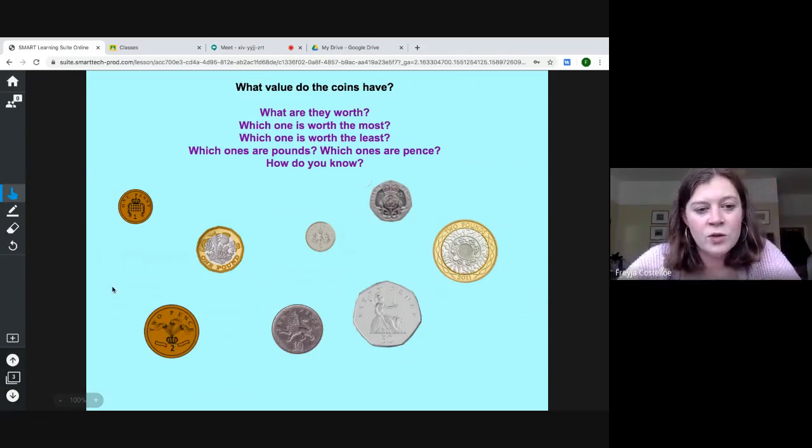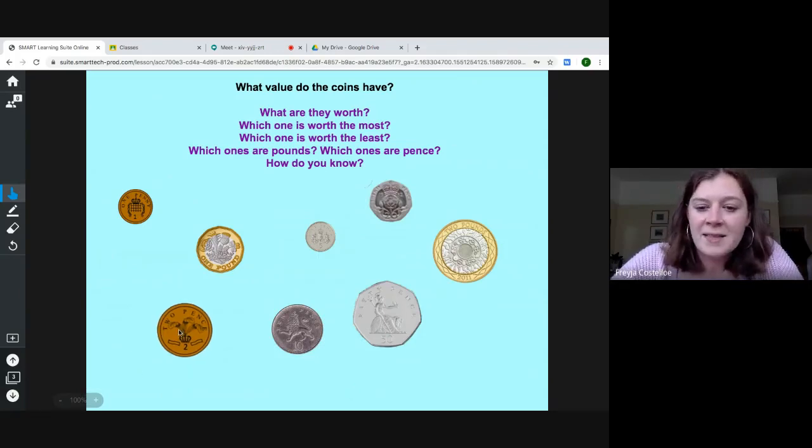And if you've got a real 2p in front of you, you'll probably be able to see that marking on it. On the other side of the coin, there will be a picture of Queen Elizabeth's face, the outline of her head. And that is on the front of all of our money. Okay, so that's what's on the other side of all of these coins.